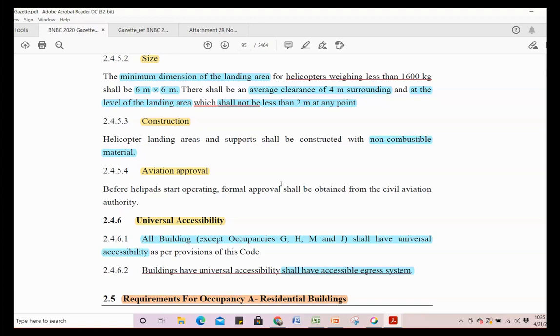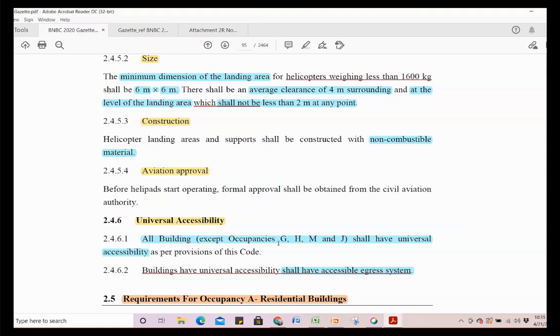So we must have universal accessibility provisions, but there are a few exemptions: in occupancies G, H, M, and J, it is not mandatory. Other than that, all occupancies, all buildings shall have universal accessibility. So apart from these 4 occupancies out of 13, the other 9 occupancies must have universal accessibility.